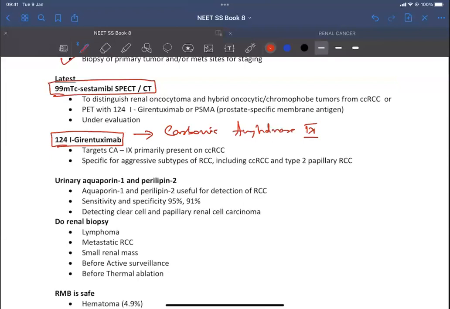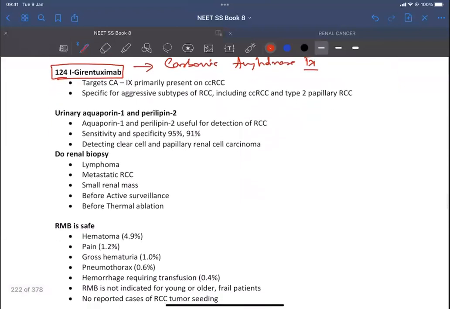If carbonic anhydrase 9 is positive, then this can be a very good scan, but otherwise it is not very useful. Aquaporin and perilipin 2 are other substances that can be useful, but these are all under study. So at the present time, all we do for staging is a CT scan of the chest, abdomen, and pelvis.